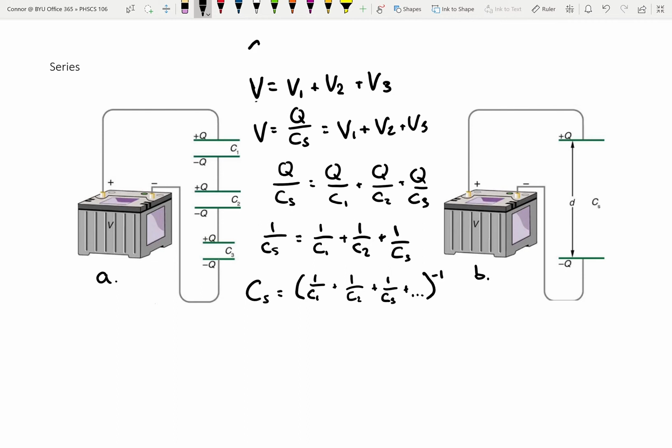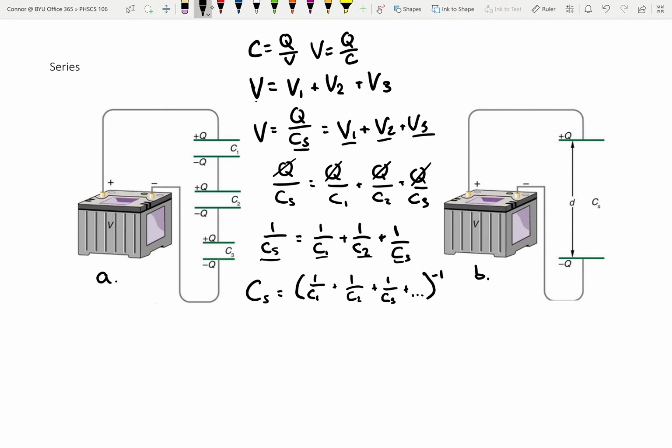We can also use that equation from above to find that voltage is equal to Q over C, charge over capacitance. We can substitute that in for each of these individual voltages, and we'll find that the charge will actually cancel out, leaving us with this equation right down here.